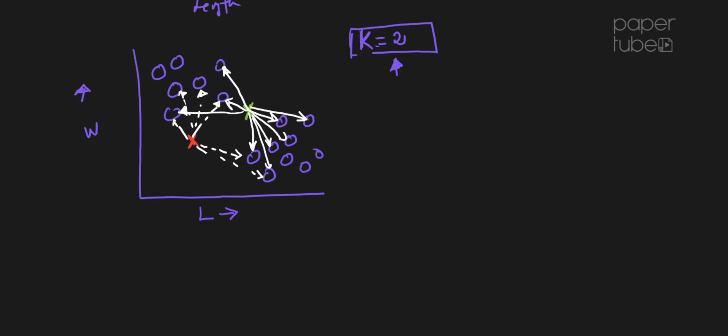If it thinks these data points are closer to the green point, something like that, and then the other data points are closer to the red point.